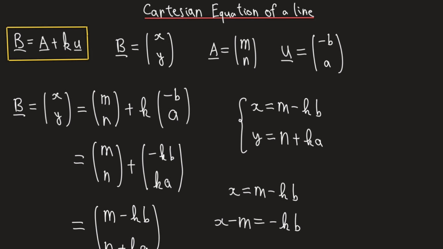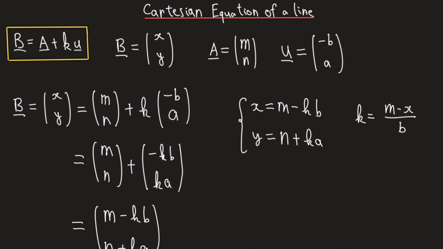And therefore, kb equals m minus x, and hence we have k equals m minus x divided by b.